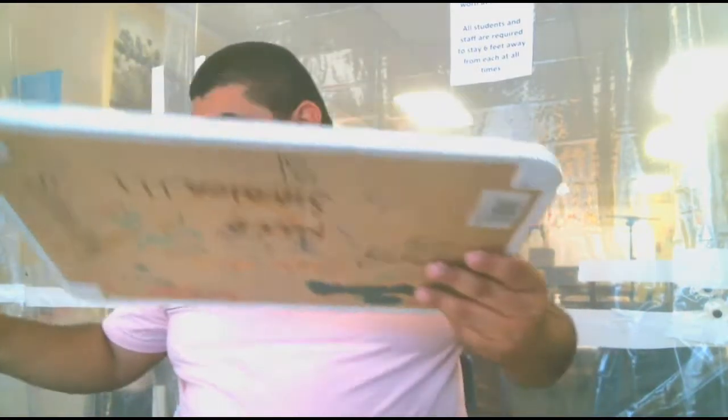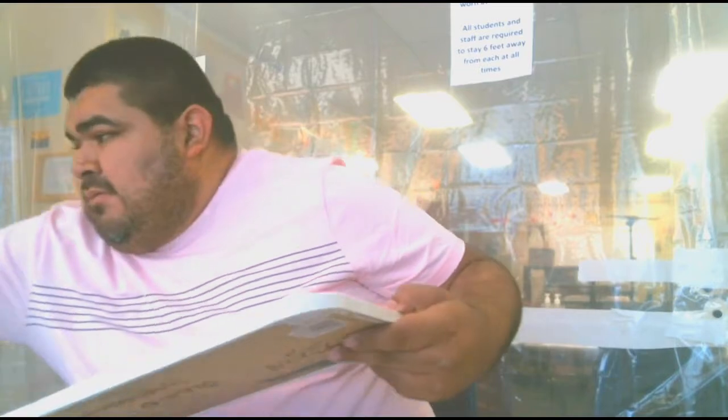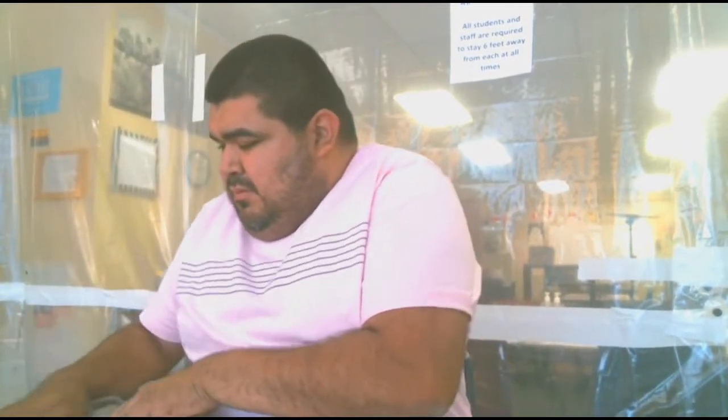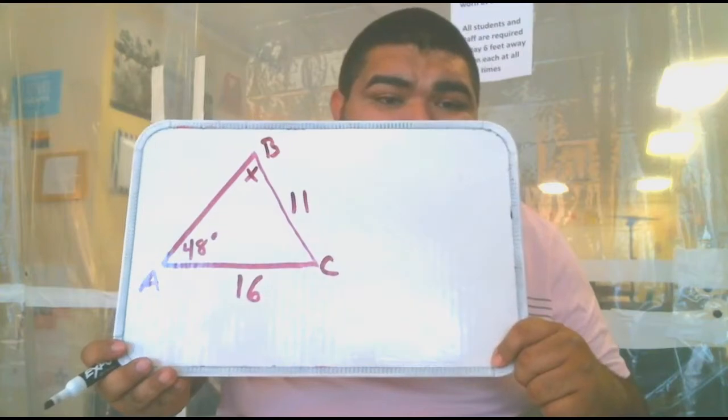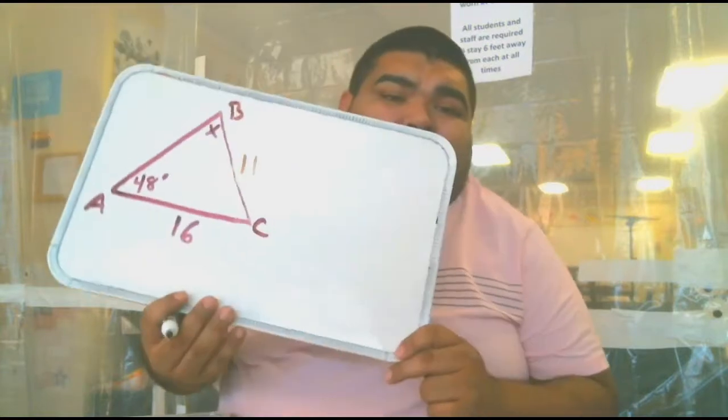So we can say sine of A, which in this case is sine of 48 degrees, because our angle is 48 degrees. So sine of 48 over sine of the lowercase a.